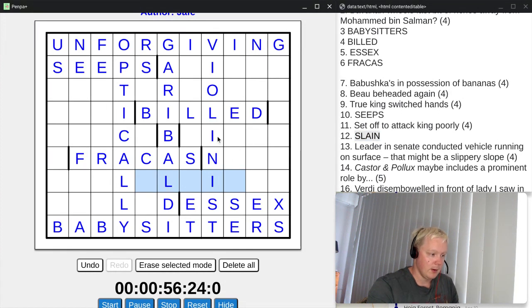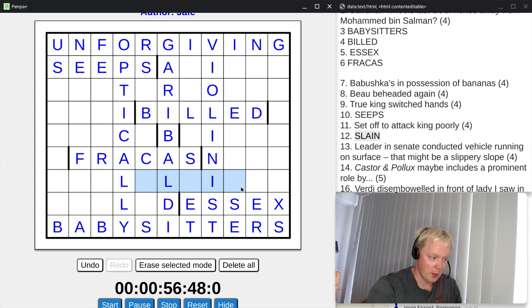It can't share this I because it would go across and clash with these borders. Can't use this I because it would be from here. No, and this A would be in the wrong place anyway. So this I is the only letter from this violinist and optically that slain can use. And so we must put it there.